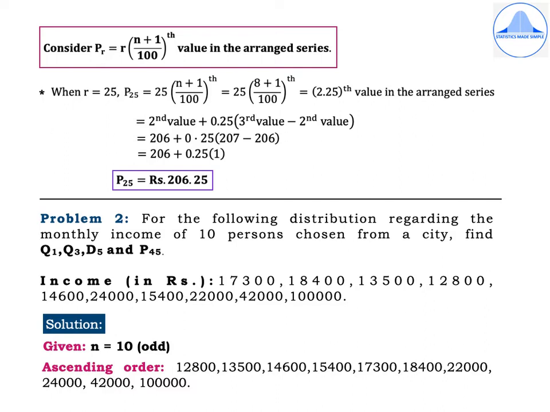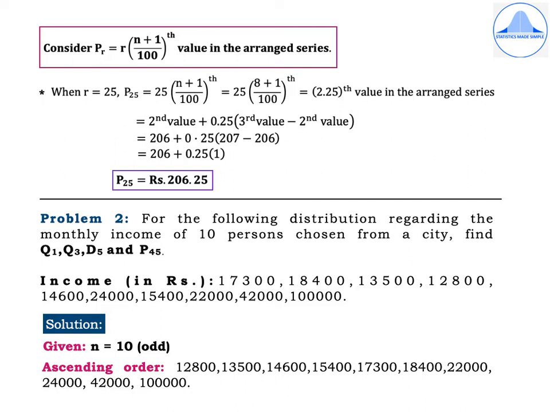When we put r equal to 25, we get P25 equal to 25 into (n plus 1) by 100th, which is equal to 25 into (8 plus 1) by 100th, which is equal to 2.25th value in the arranged series, which is equal to second value plus 0.25 into (third value minus second value), which is equal to 206 plus 0.25 into (207 minus 206), which is equal to 206 plus 0.25 into 1. Therefore, P25 is equal to rupees 206.25.